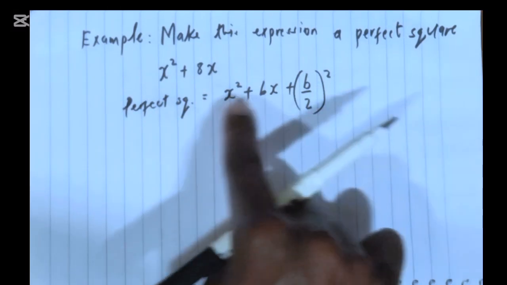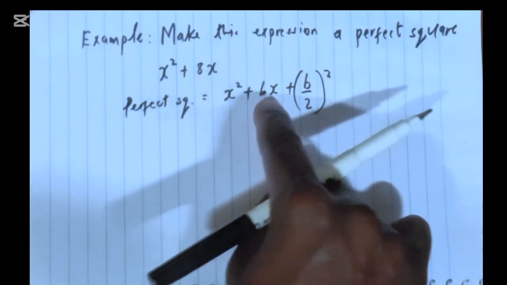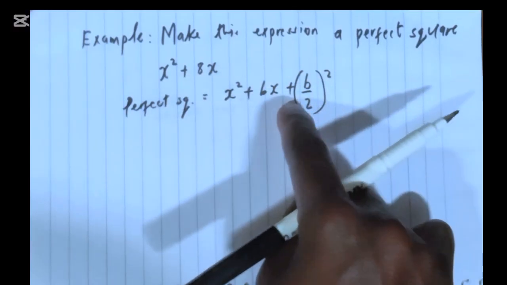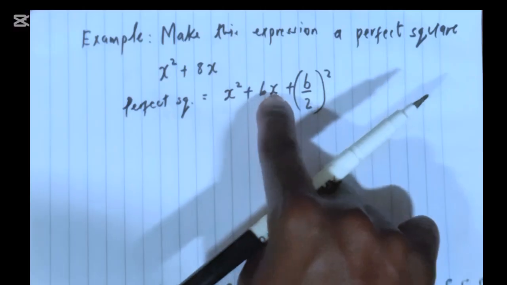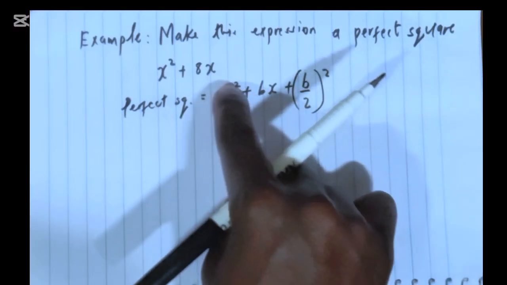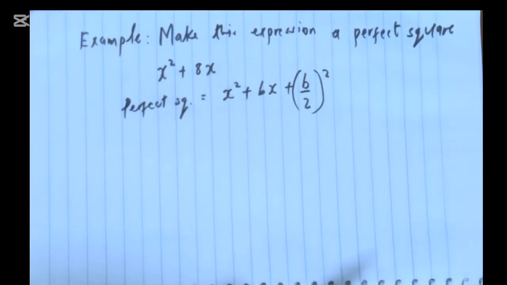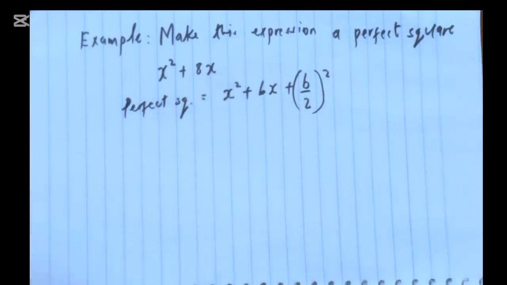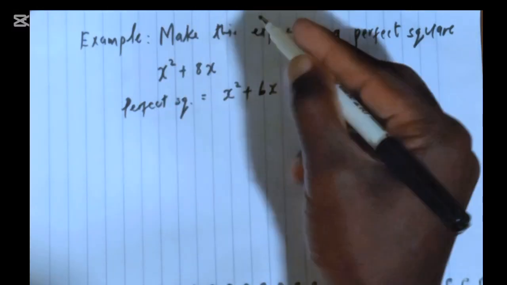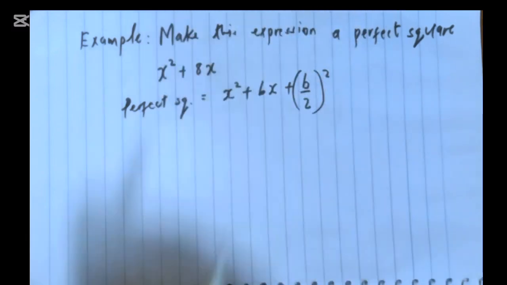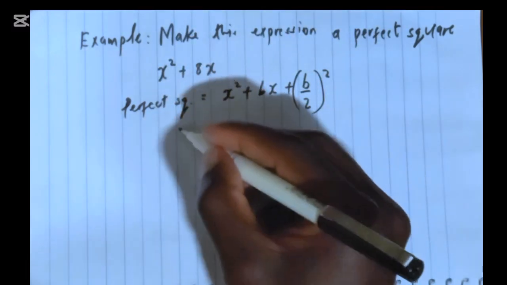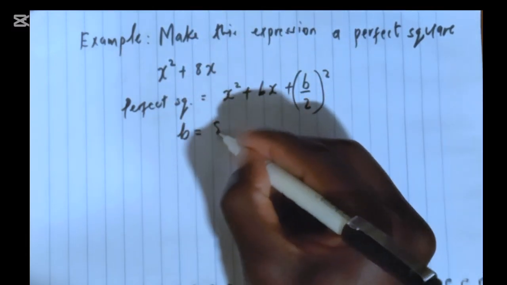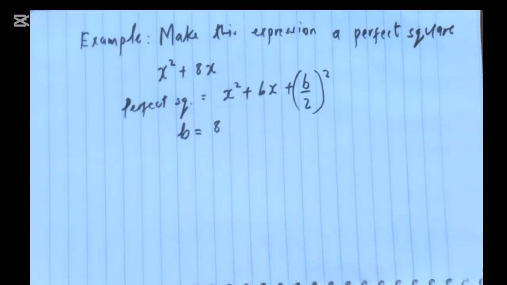Then in bx we have 8x, so from what you can observe, the value of b from this format is equal to 8. Then we have to find the value of c to make it a perfect square.